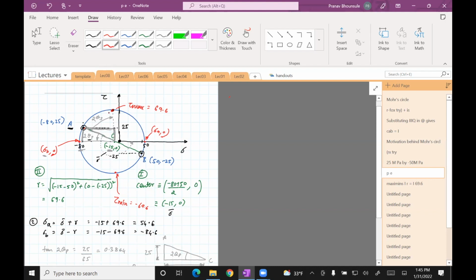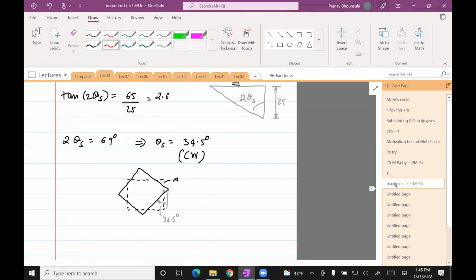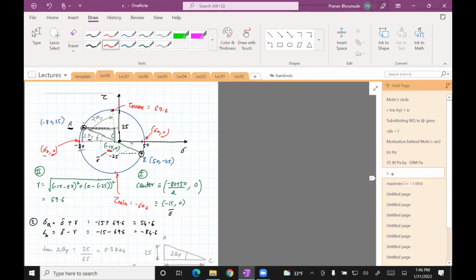At this point, we have a normal stress of -15, which means the stress on face A in the rotated position will be -15. On the other face, where the stress is minimum, the stress is also -15. That's the normal stress.